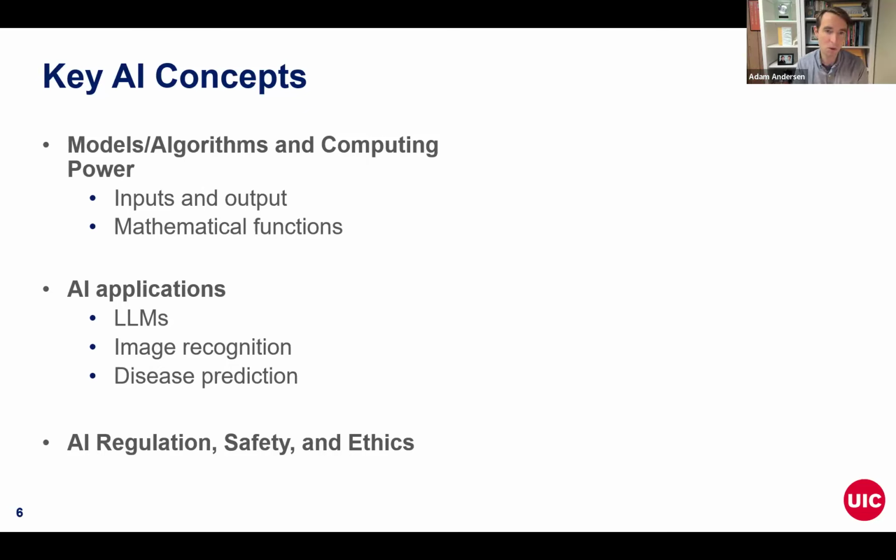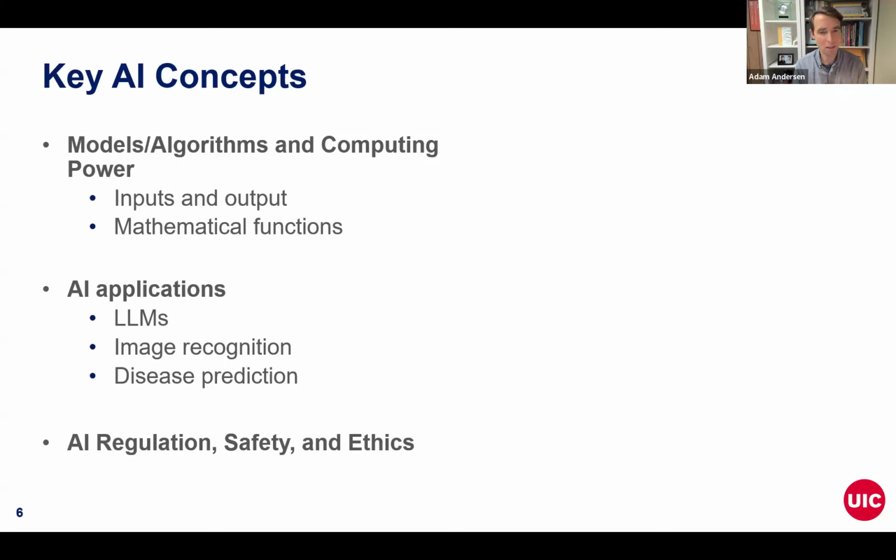So that's sort of the next phase. All of this data is fed within these algorithms. And then if you can have something make sense of all of this data, this can be deployed into AI applications such as large language models, image recognition software, disease prediction software. Again, all of these things are starting to happen now in healthcare, and I think it's a really interesting time.